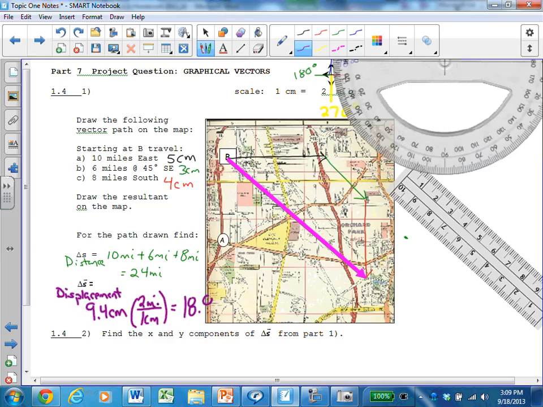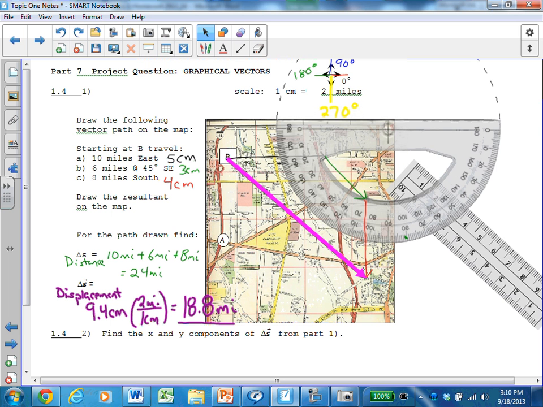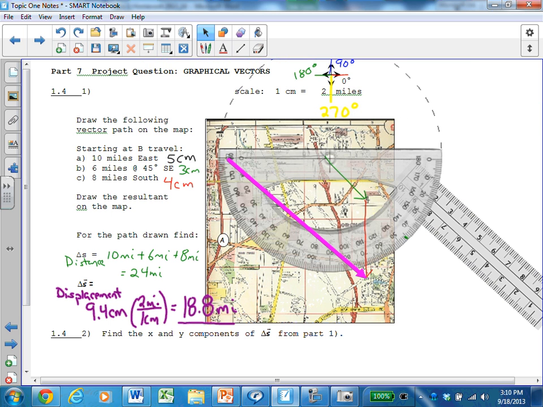Now, if you got it slightly different for yours, that's okay. Are you guys all getting this? Now, is this the displacement? We need direction. We need to get its direction, and we're going to record it in relation to the 0 degrees here. So to do that, I stick it on the crosshairs.